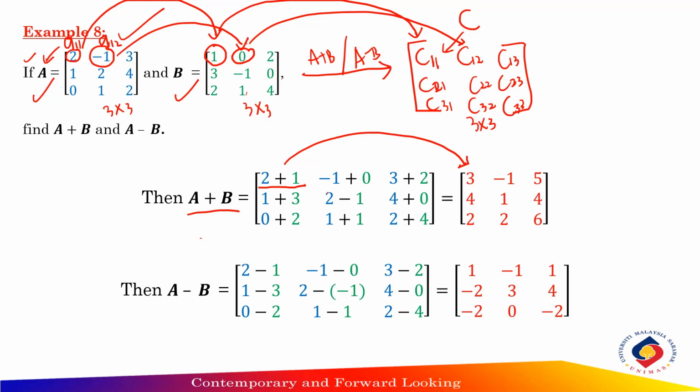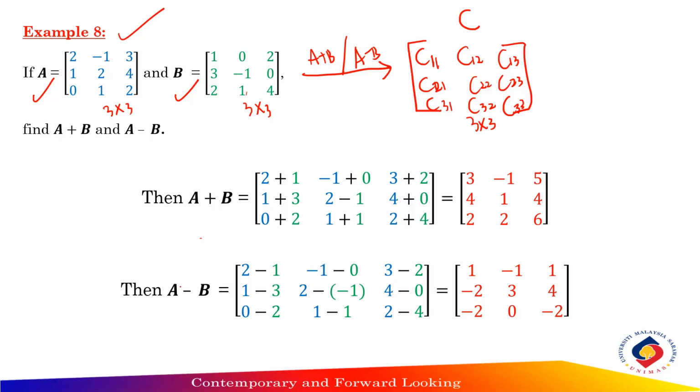Then as you can see here, -1 plus 0, and the outcome here is -1. And then repeat the same process on the next element, this one, this one, this one, and this one, until the addition of each element is complete.